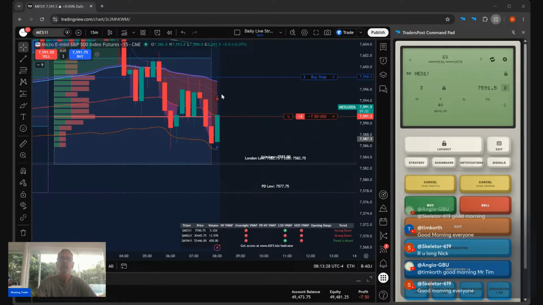No, scratch that. My book map decided it was going to switch back over to the M contracts.